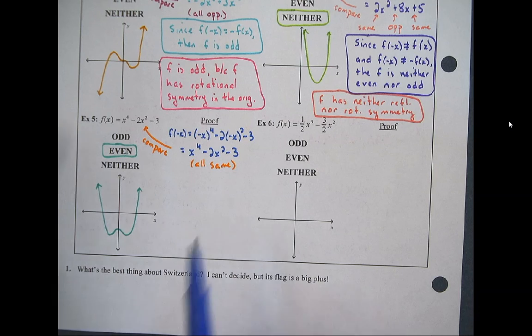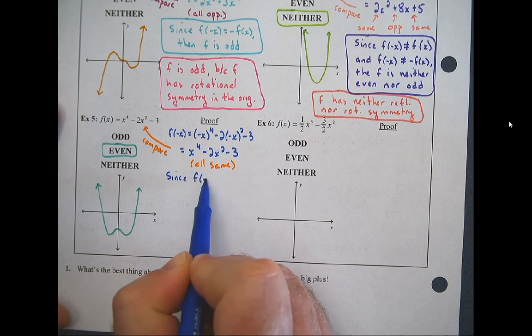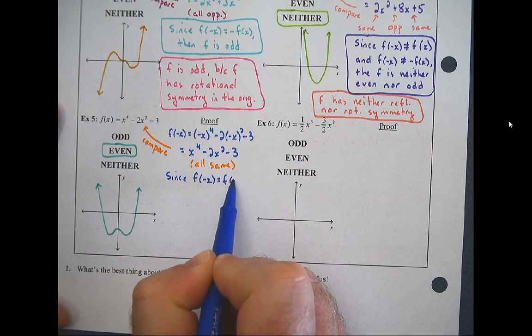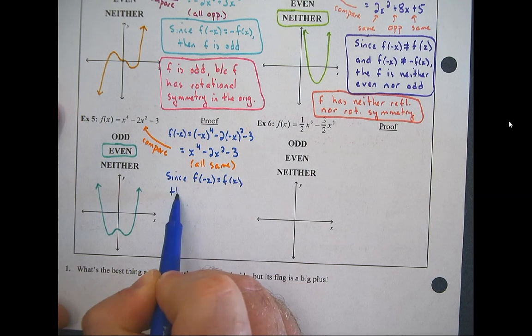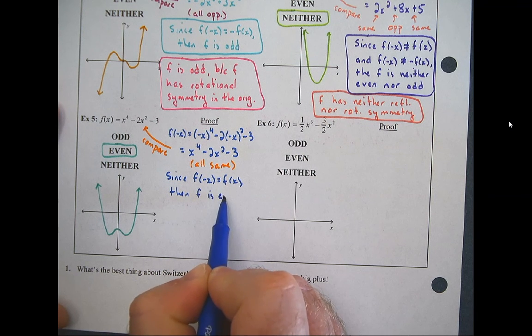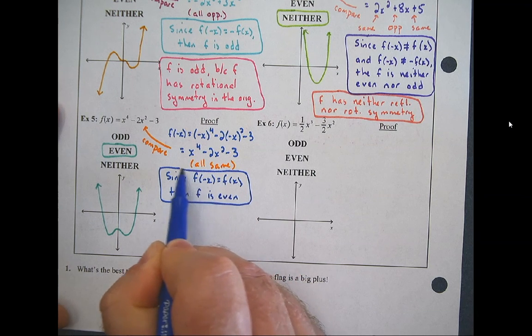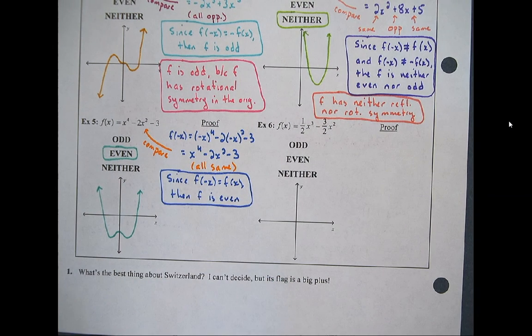So we'd make a little argument: since f of negative x equaled f of x, then f is even. And let's do a graphical proof.